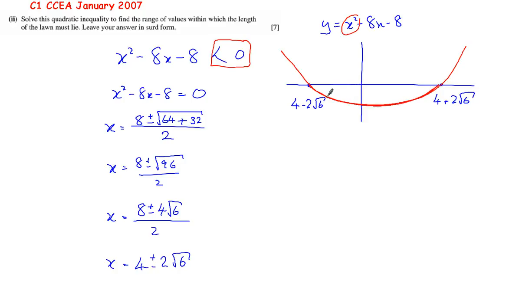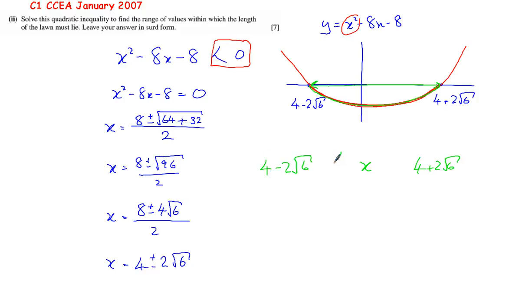Well, there. Okay, well, what values of x give us that? Well, the values of x that give us those values of y are these ones. In other words, x is between 4 minus 2 root 6 and 4 plus 2 root 6.